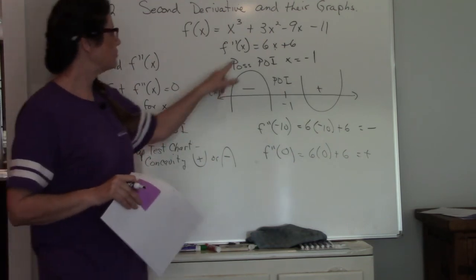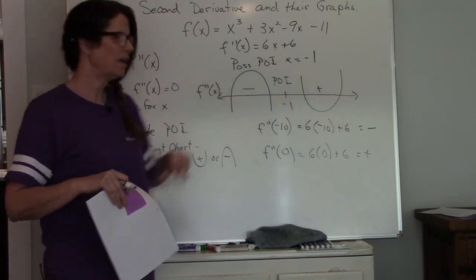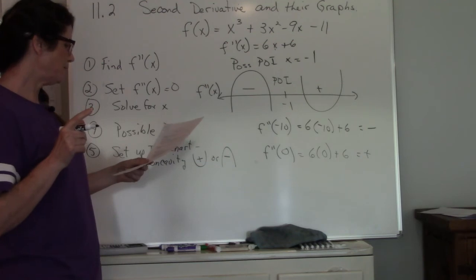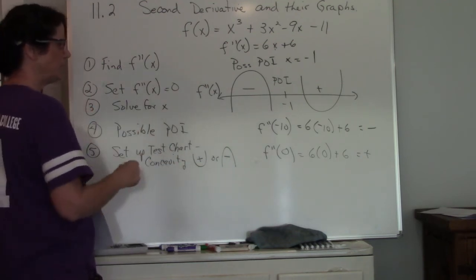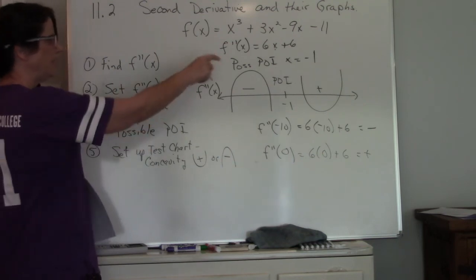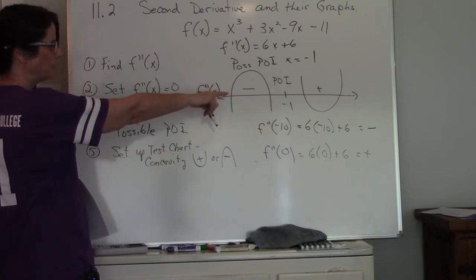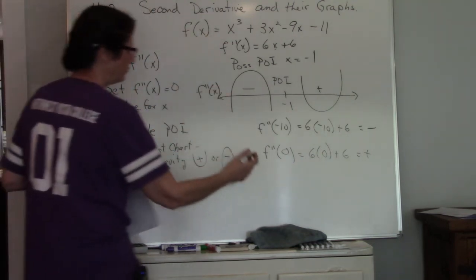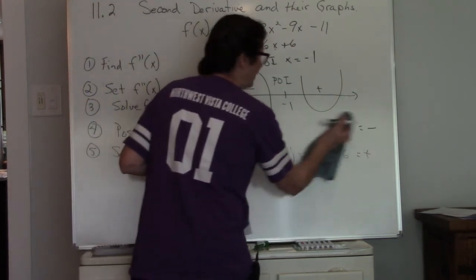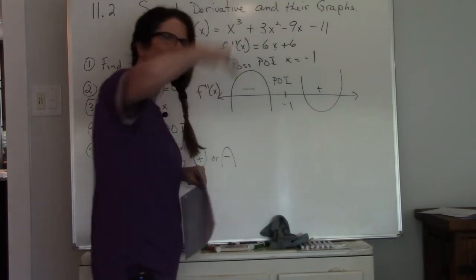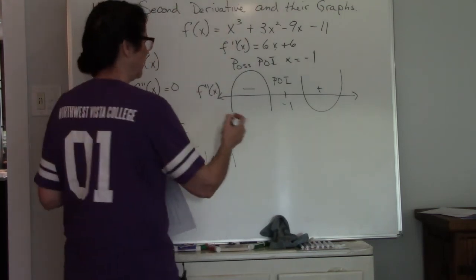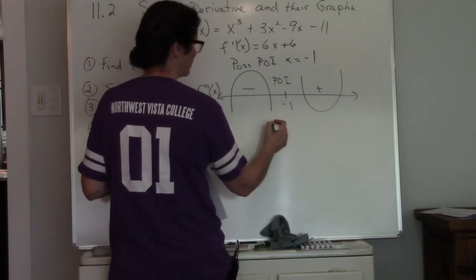It's going to go from down to up. Okay? So the last step, once I found my test chart and once I found my concavity, if I find an actual point of inflection, is that now I need to find out what value of y, so how high up or down on my graph is that point of inflection actually happening?